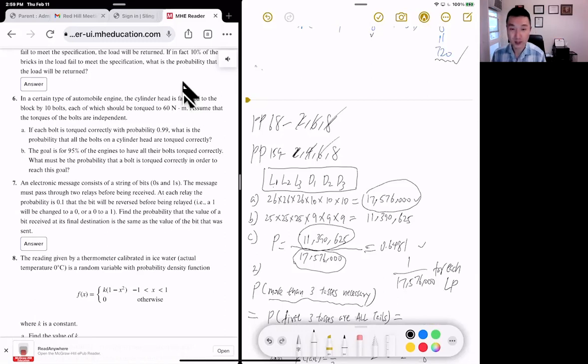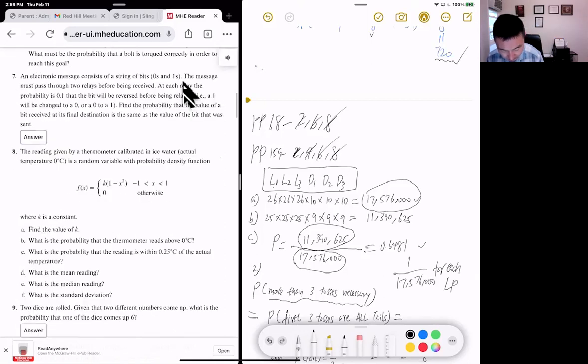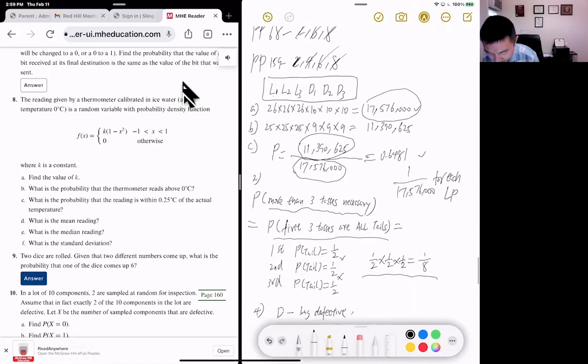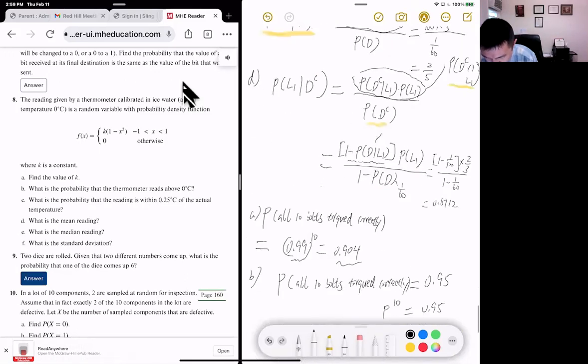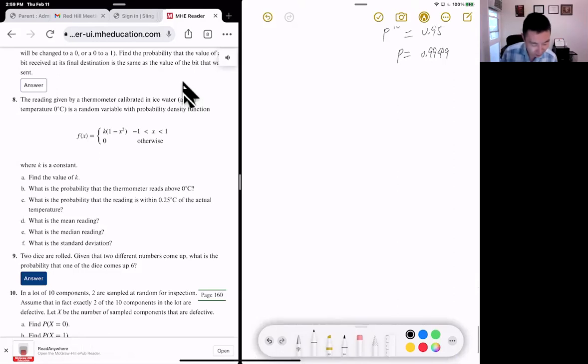All right, we're almost there. We have one more question. Question number 8. Here, we are given the probability density function, so we know we're going to do some integration work. The reading given by a thermometer calibrated in ice water: the actual temperature of ice water is 0 degrees Celsius.